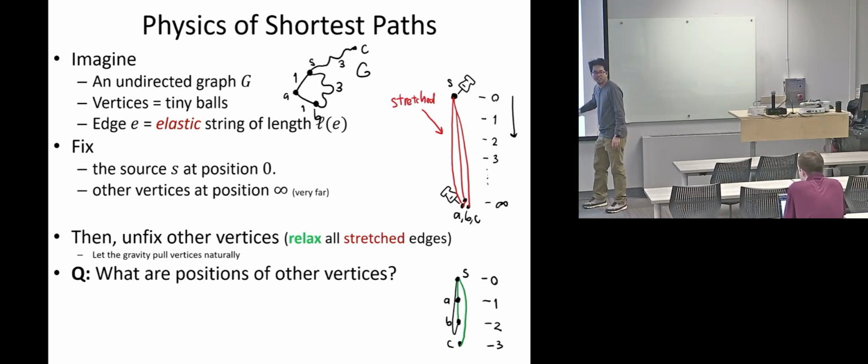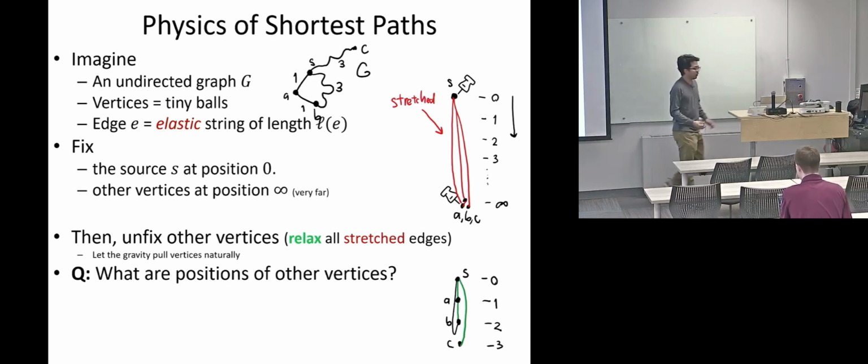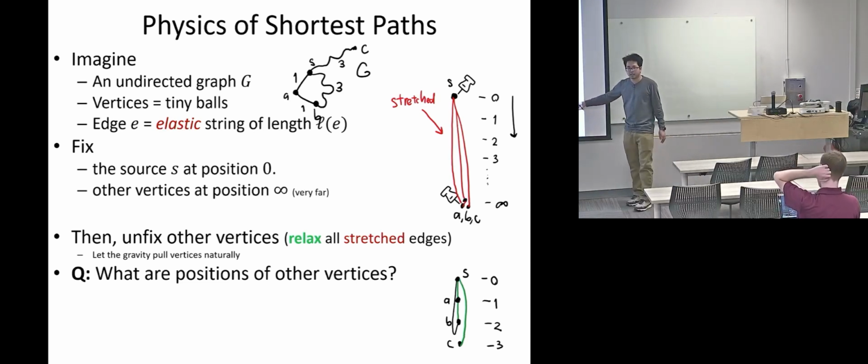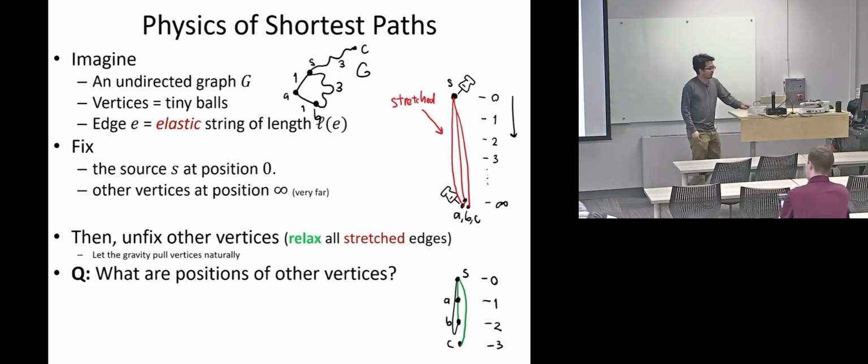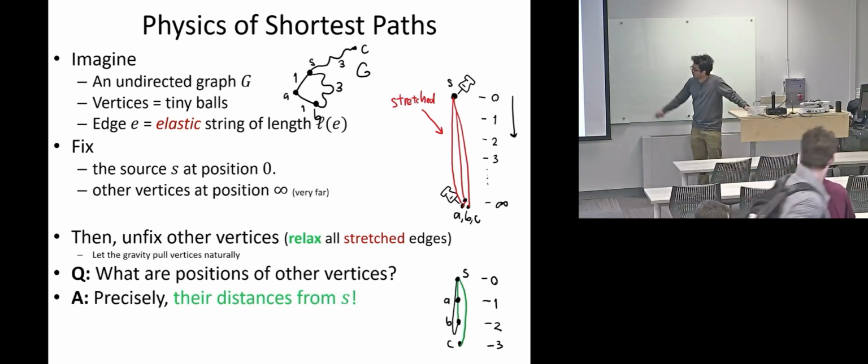And the one from S to C is now kind of tight. So basically no edge will be stretched, and every node will precisely be at the position of its distance from S.